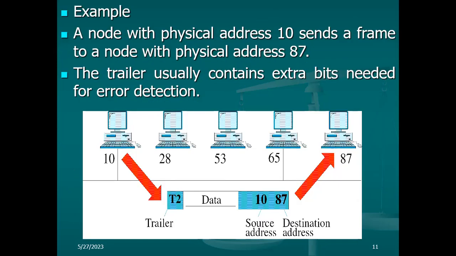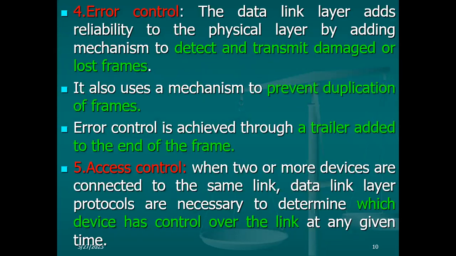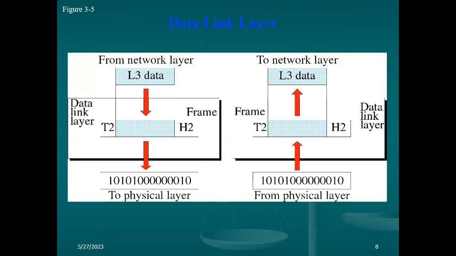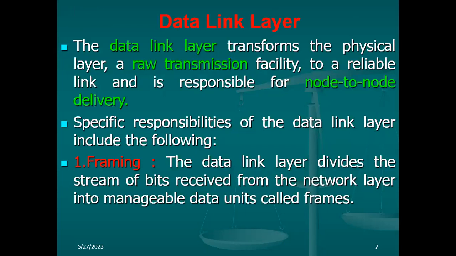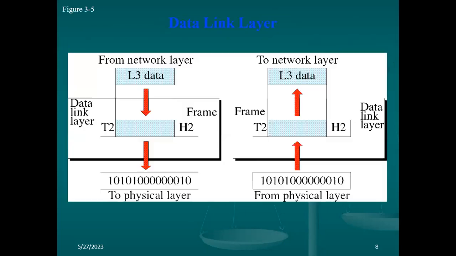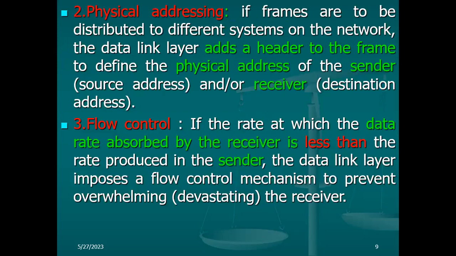Let us recollect the functionalities of the data link layer. The data link layer is responsible for transmitting the data in frames by adding the source address and the destination address. So the main task is framing. Second is physical addressing, that is, the addition of the source address and the destination address with the data.